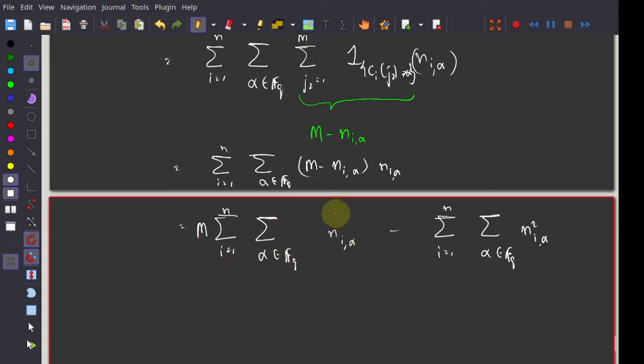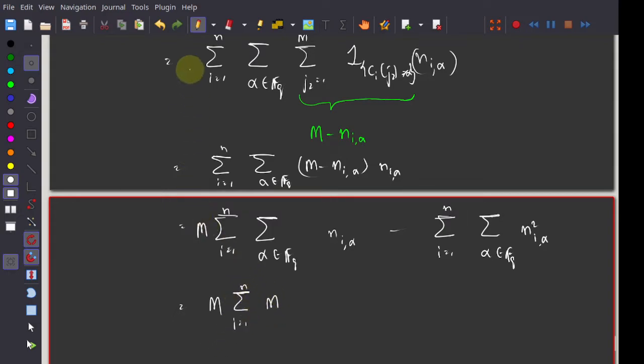Now what is this quantity equal to? It is m. You look at the ith coordinate, and there are n_i alpha code words for which the ith coordinate is equal to alpha. If I just sum over all possible values of alpha, then I'm summing over the total number of code words. So this is just m times summation i equal to 1 to n of m.